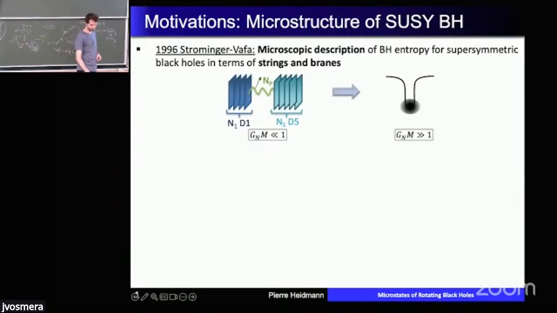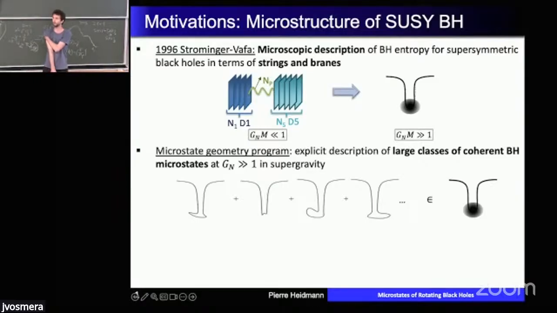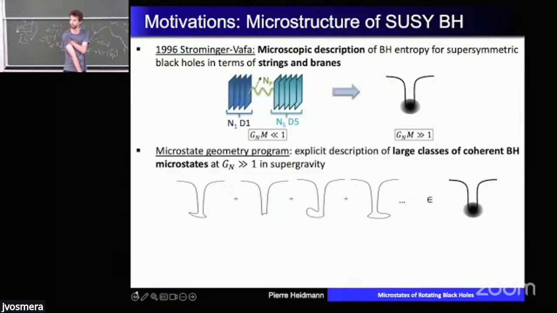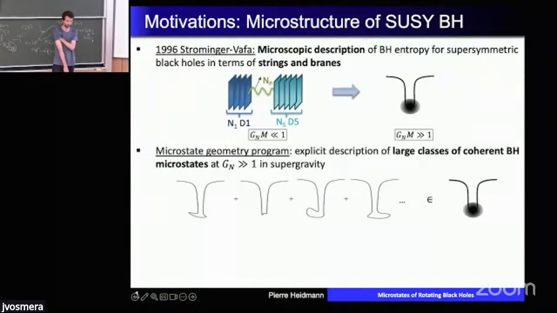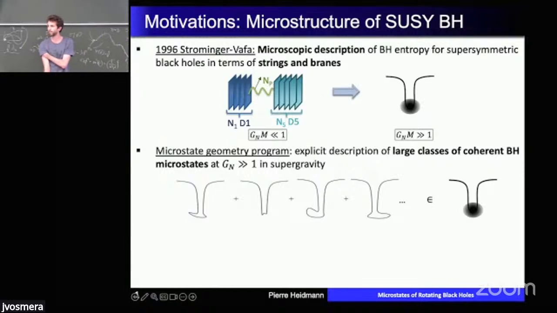It was a great achievement, but unfortunately, with this approach, we didn't really know what the black hole microstates were where gravity is back on. So there is a microstate geometry program, which consists in building at least a portion of the phase space of black hole microstates. We call them coherent black hole microstates in supergravity, and all of them have very characteristic properties, which are no horizon and entirely smooth in space-time.